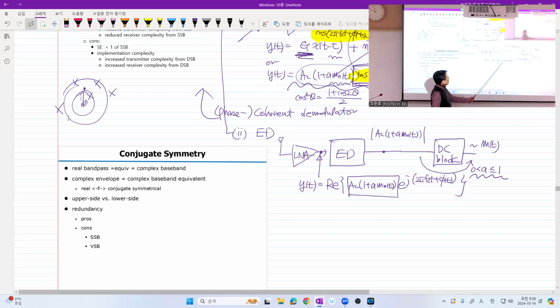And also, how can we build a circuit that takes this part only and computes the modulus of a complex valued signal? It seems it's much more difficult than having a local oscillator that has phase coherence with the received signal. But as I told you, there are two buildings in electrical engineering. On this right side of the building, people study what would be good if some mathematical operation or logical operation can be done using an electrical system.